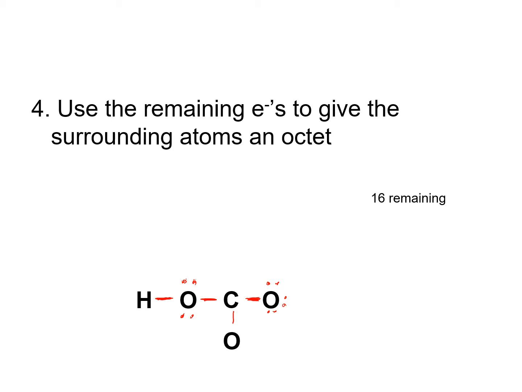And the same with this one. It already has 2 being shared in that bond, so I have to add 2, 4, 6 electrons around it. Let's just make sure I haven't gone past my total. So I used 6 and 6 is 12, 13, 14, 15, 16. So now I'm actually out of electrons. I've placed all of the electrons I have to work with.